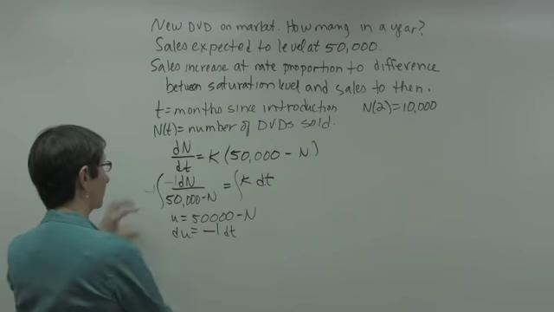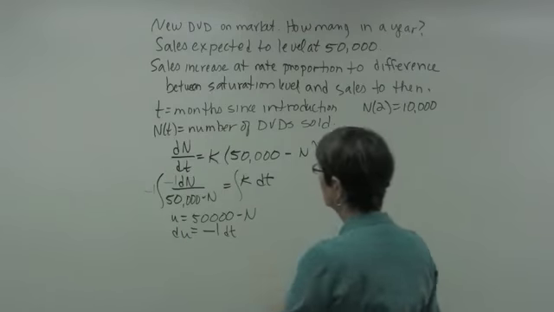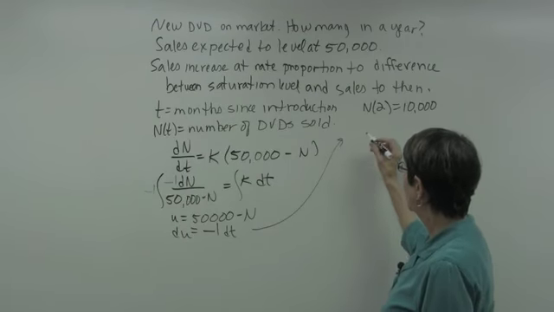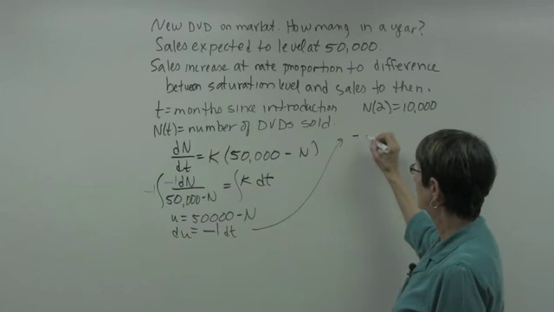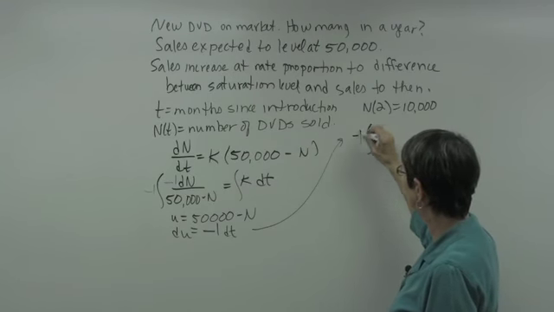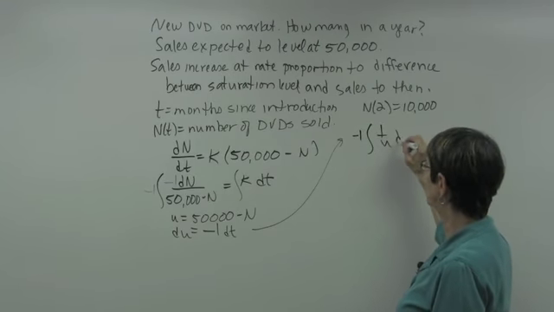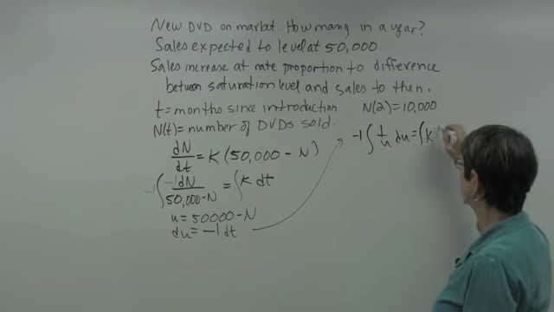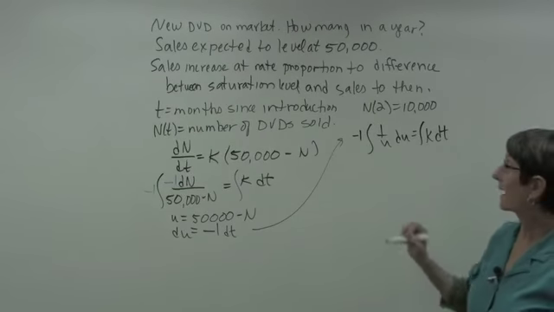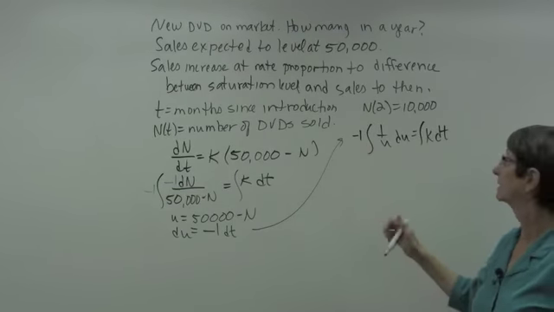So when I write it up with u, I'll have a negative 1 times the integral of 1 over u du equals the integral of k dt. So I have to accommodate this negative sign.